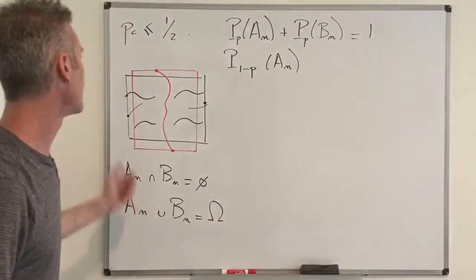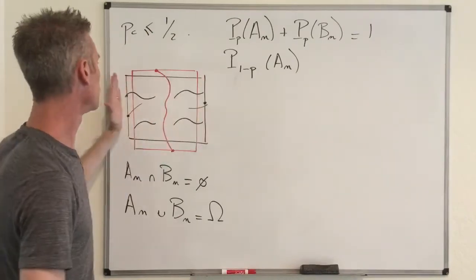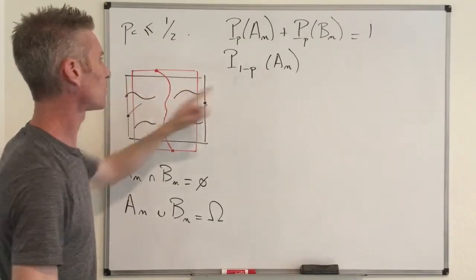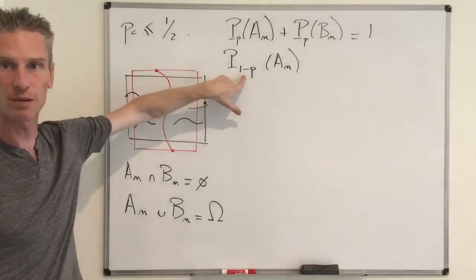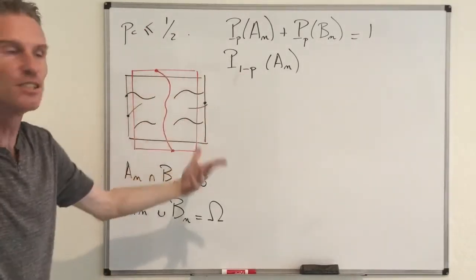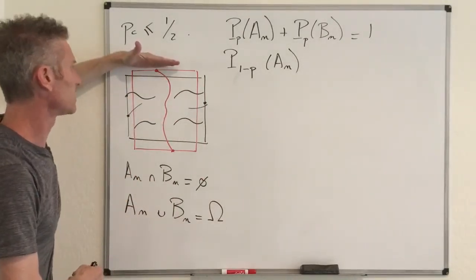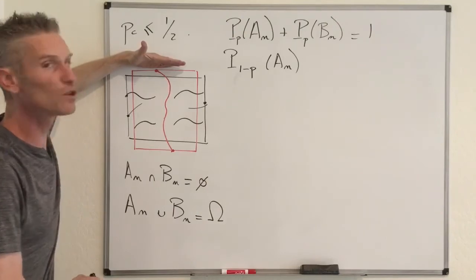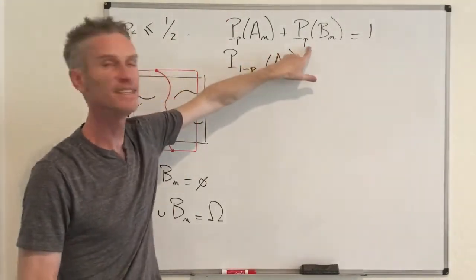And so that means that the probability that we can go from left to right, that we have a path going from left to right, so the event An, but when edges are open with probability 1 minus p, is exactly the same as the probability that we have a closed path going from top to bottom, but now when the parameter is p.